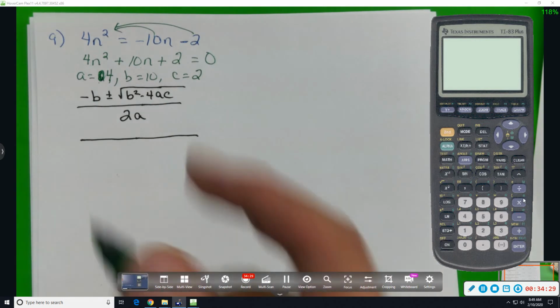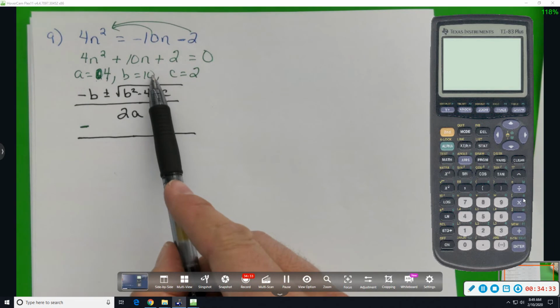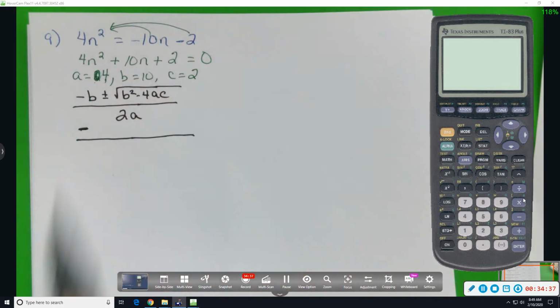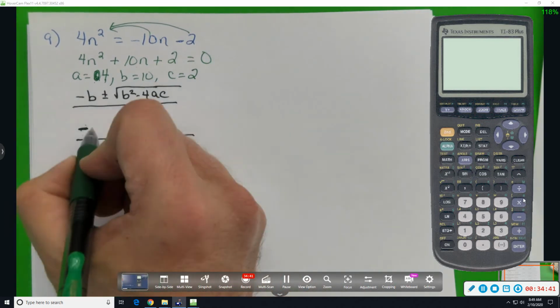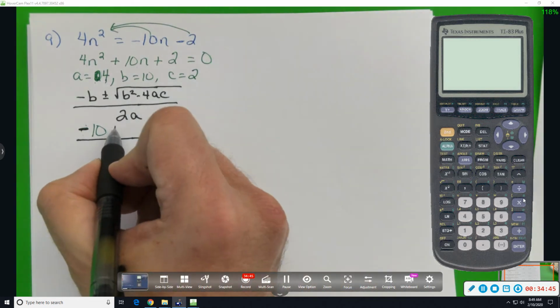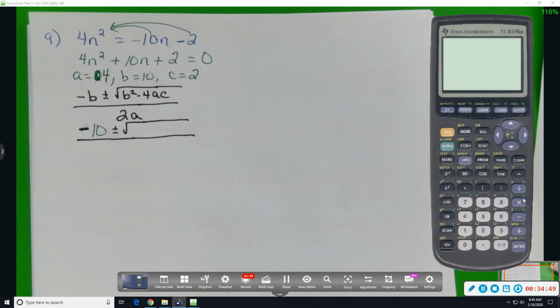So, I'm plugging a green 10 in for the b. This black negative is just from the formula: negative 10 plus or minus the square root of b squared.